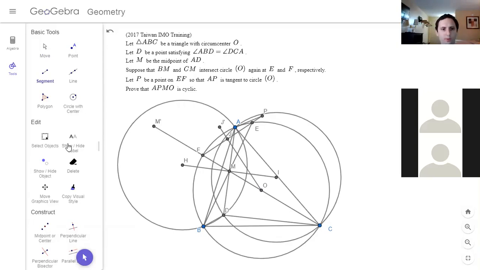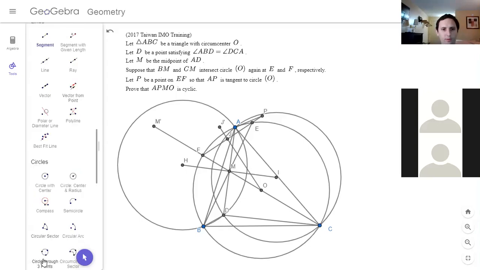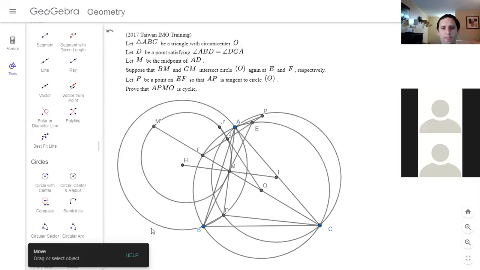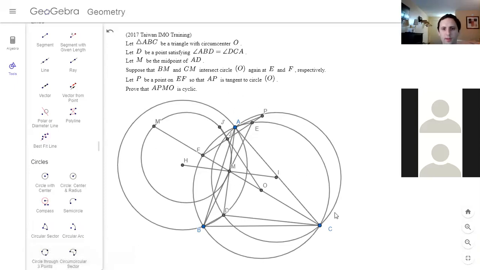We know that this is cyclic. Yeah, we have to use the angle condition somehow. So the circumcircles of ABD and ACD are the same size. But I don't know how to use that.